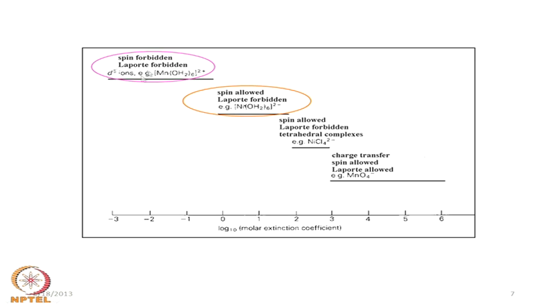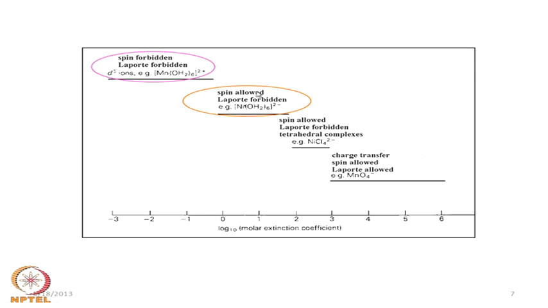Since it is a d5 high spin system, we have 5 unpaired electrons and the symmetry level is A only for the ground state, but the other excited states have a different symmetry level as well as a different spin, because the spin is also changing when we move from a d5 high spin system to some other electronic configuration.